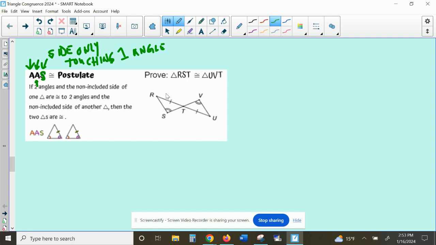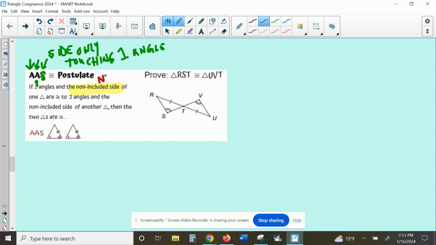Okay, so now we can name them in a clockwise or counterclockwise direction. It doesn't really matter when we name them, but it has to be true that the side that you have can only be touching one of the angles that you have, not both of them. Okay, so it says if you have 2 angles and the non-included side. So non-included means it is not in between. So you might want to put a little note.